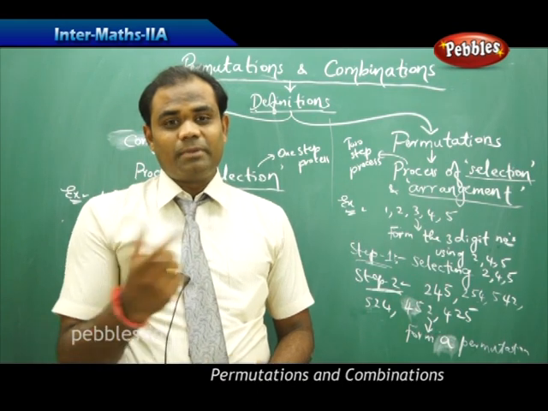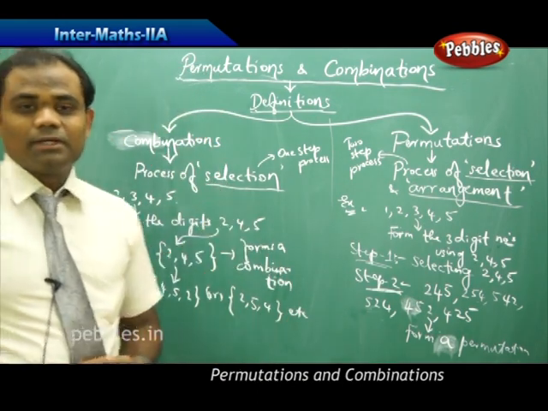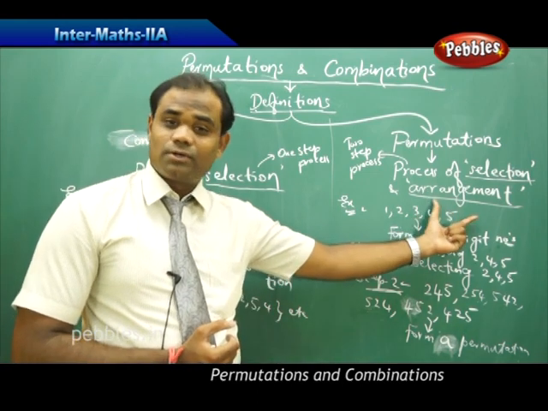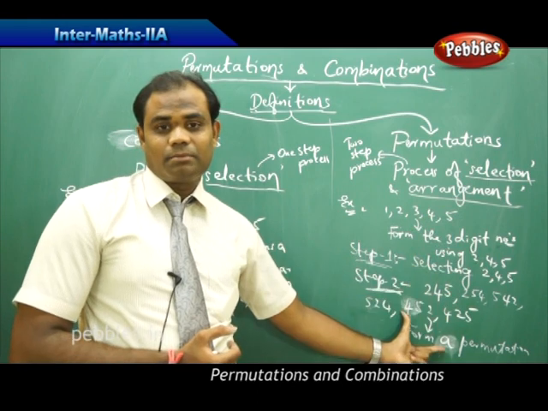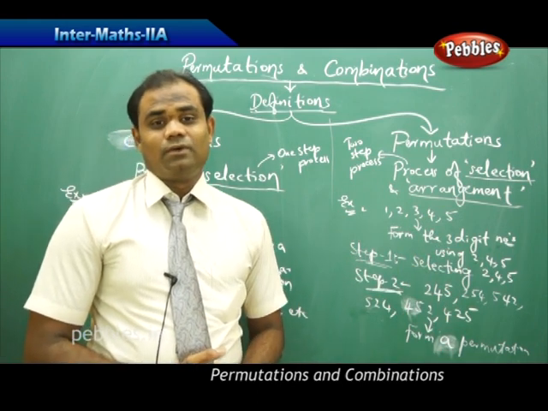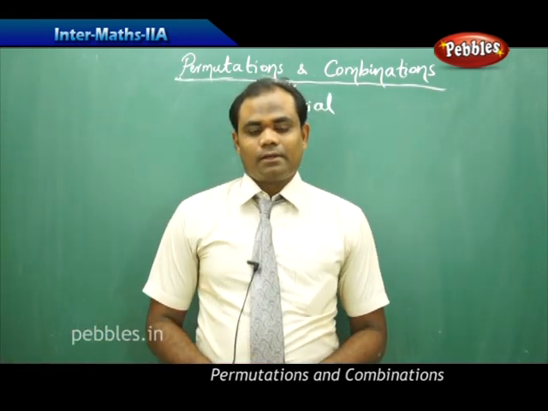If it is a problem based on selection, we use the combination for that problem. If the problem is based on the situation of selecting and also arranging, as in the case of this example problem, then we use permutation. This is how we justify it through the practice problems.